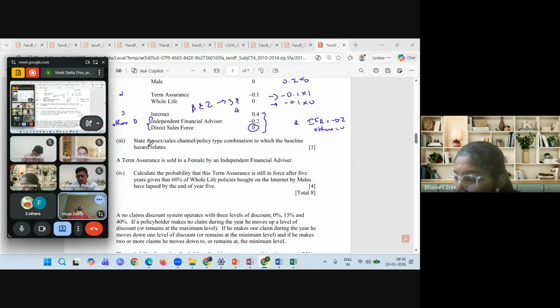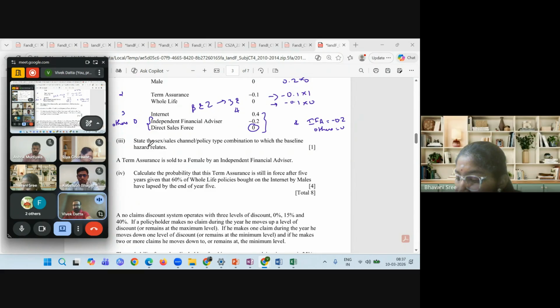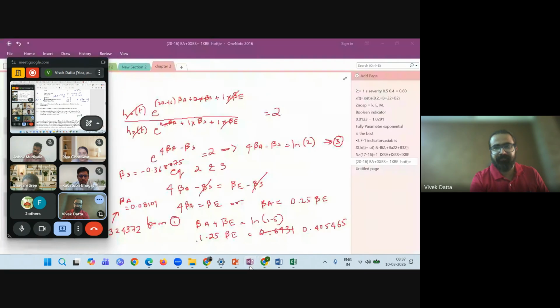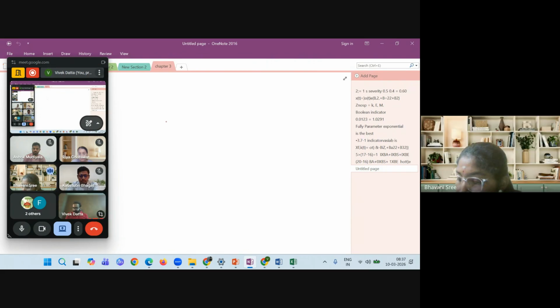I wrote an integral equation for 5 years. Tell me the integral equation. Wait, let me write it down. Yes, tell me. Integral 0 to 5, directly integral. In that limit I had a doubt whether it will be 0 to 4 or 0 to 5.